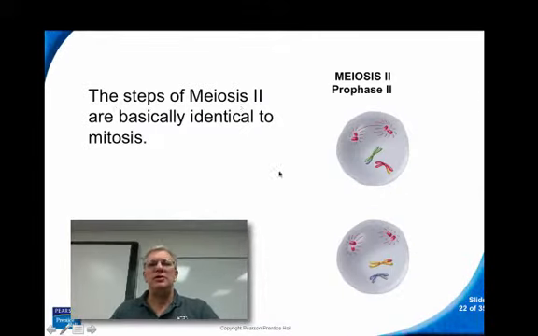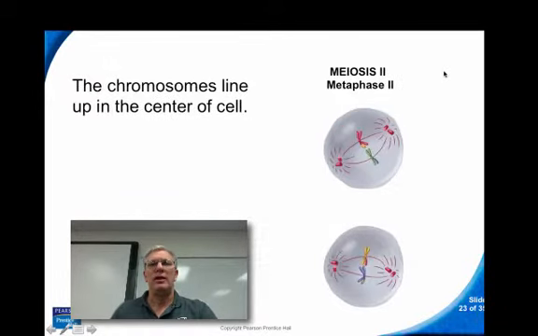The steps of meiosis 2 are basically identical to mitosis. So in prophase, again, we're going to see the nuclear membrane disappear, spindle fibers forming, the chromosomes are going to be visible. Now during metaphase 2, now we can see all the chromosomes are lined up in the middle just like we've seen before.